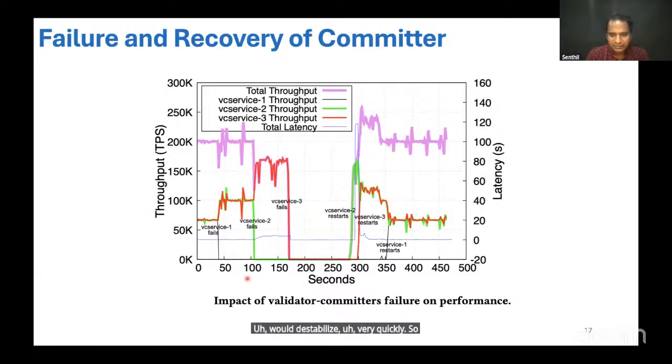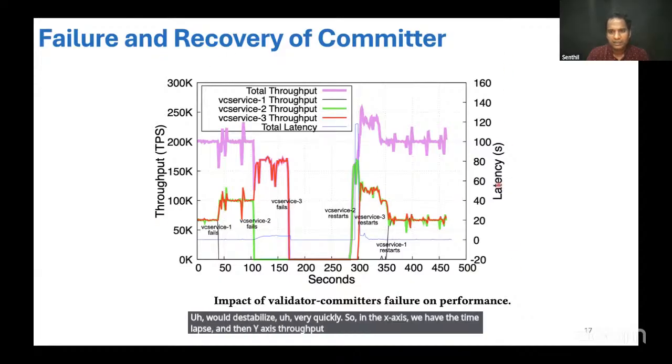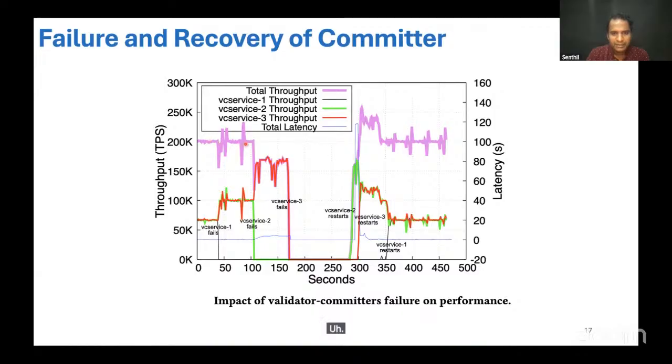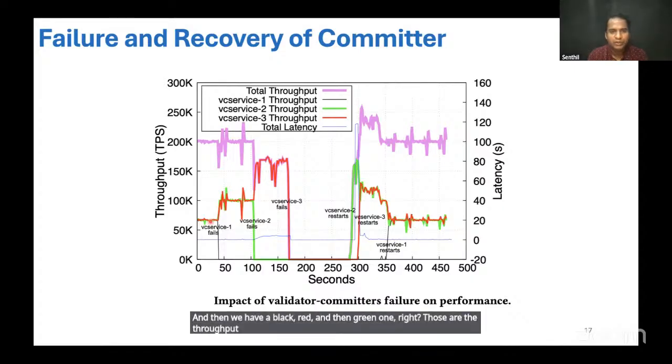On the x-axis we have the time lapse, the y-axis is throughput, and the y2 axis is the latency. The pink plot is the total throughput of the whole committer. Then we have a black, red, and green one, which are the throughputs provided by the individual validator and committer services.